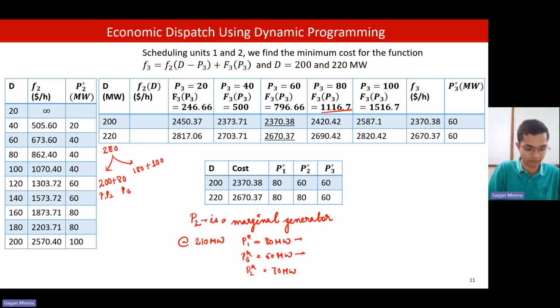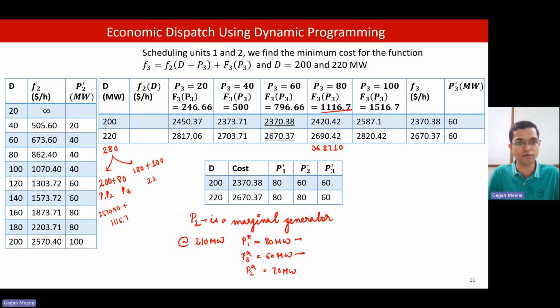What is this? 116.7 plus 2570.40 comes out to be 3687.10. And then the last one is 80 and 120. Here, for the other case, this was 2570.40, plus for 80 it was 116.7.